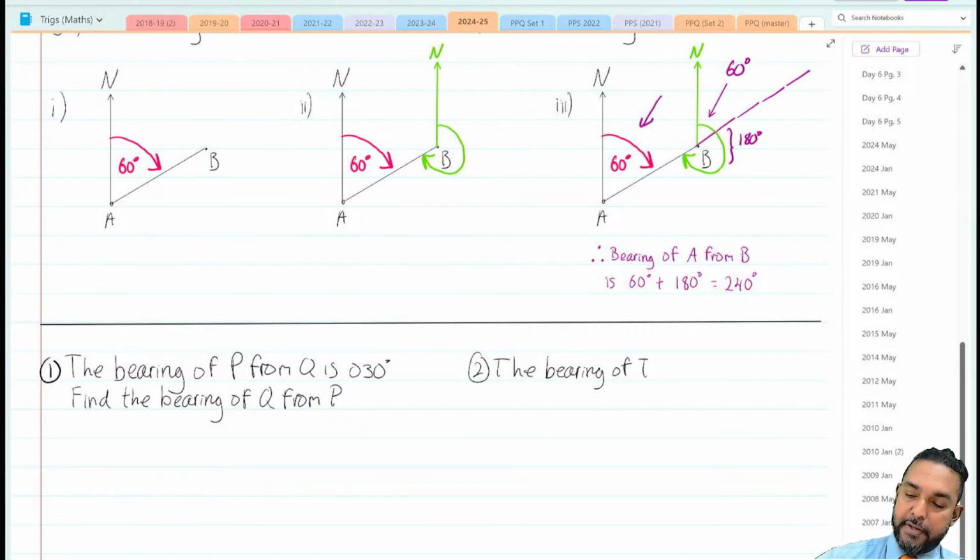The bearing of T from S is 075 degrees. Find the bearing of S from T.